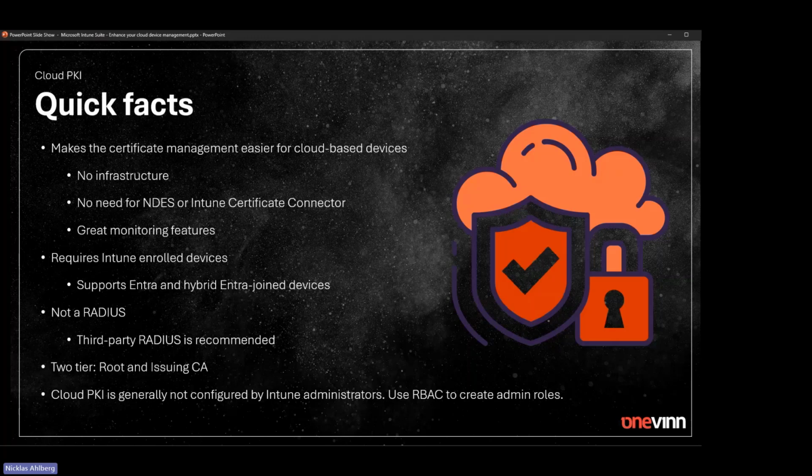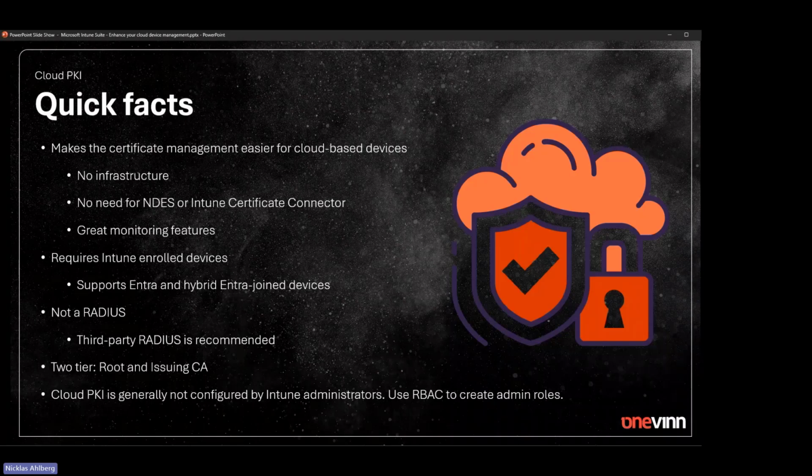And just a last gotcha that we have seen before. Cloud PKI is generally not configured and managed by Intune admins. Most of the time, security admins or someone from the security team want to be able to do this for us as Intune admins, right?